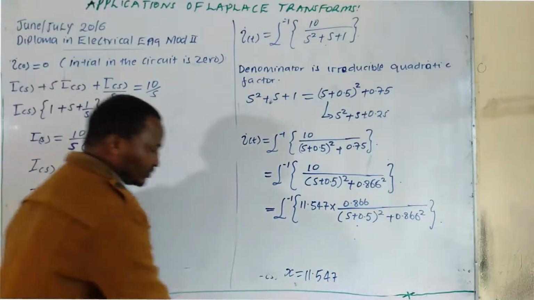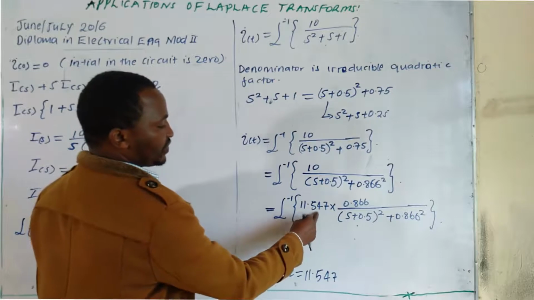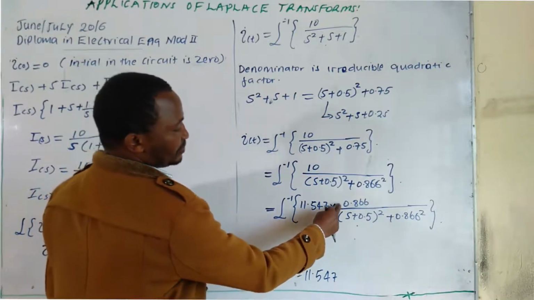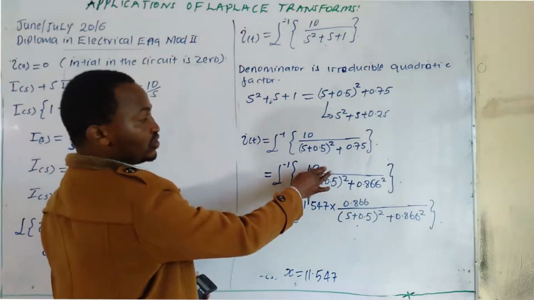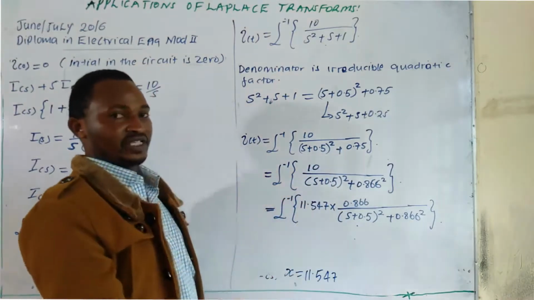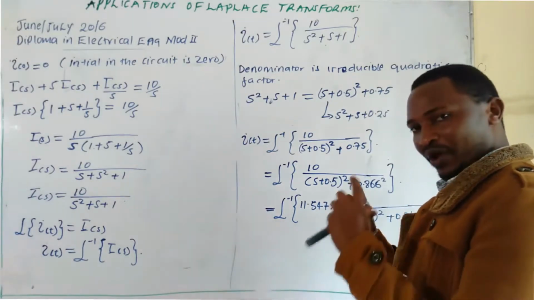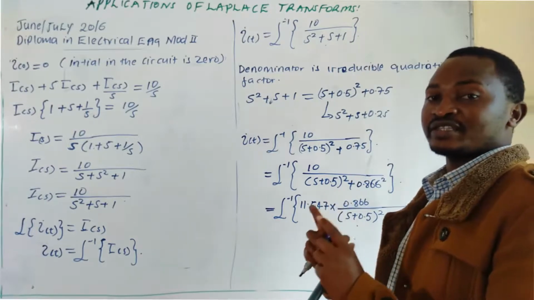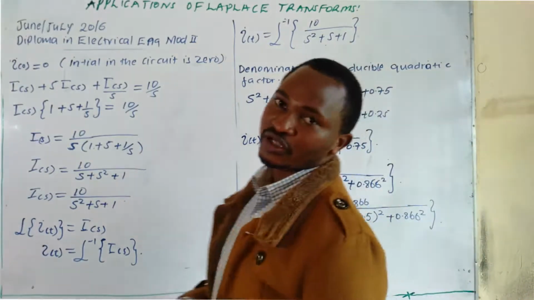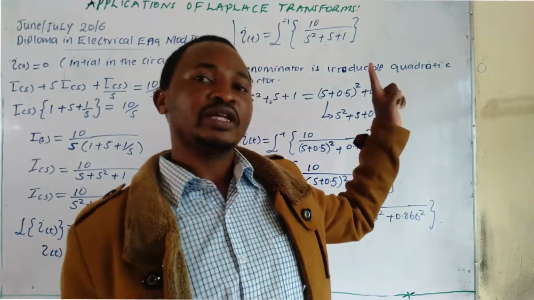We are now ready to use this. 11.547 times 0.866 will give you 10, which is what you have. There is nothing you have changed. Because of (s plus 0.5) squared, there is an application of the first shift theorem. If you have not watched my video on the first shift theorem, watch it on the link shown here.